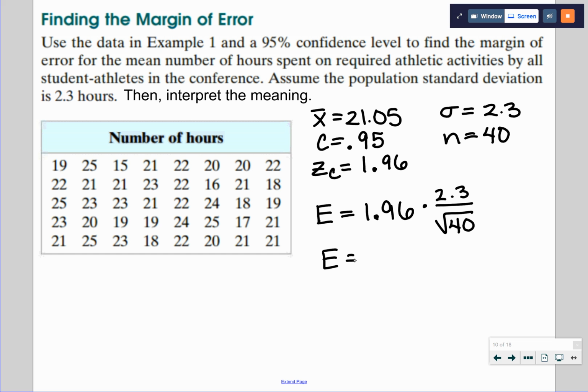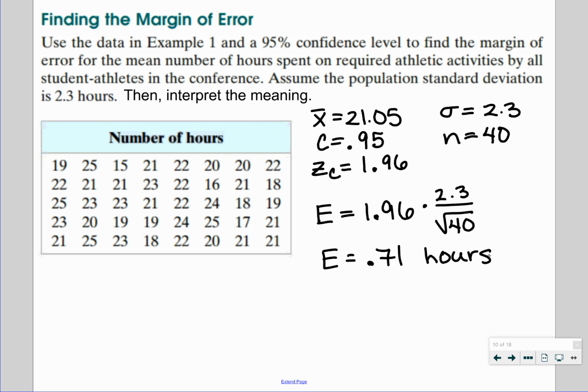So margin of error will be 0.7, 0.71, depending on how you round. And everything in this problem is hours that we're looking at. Okay, the mean is hours, standard deviation is hours, error is hours.